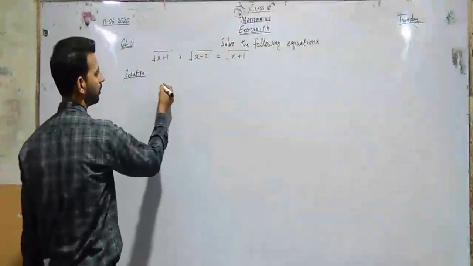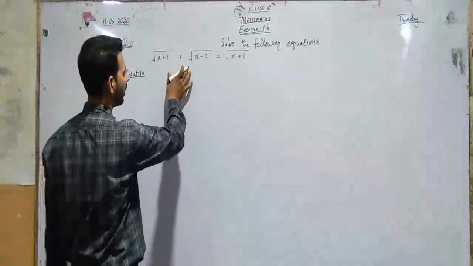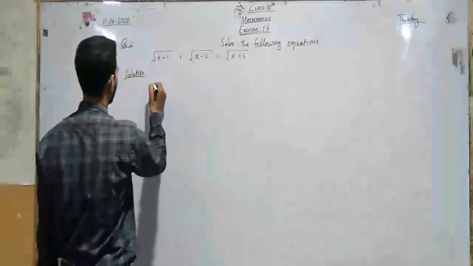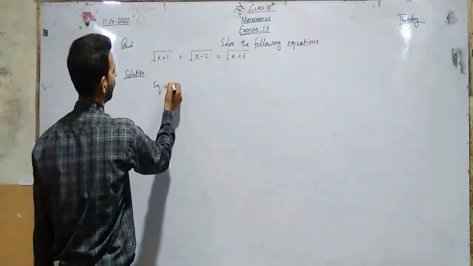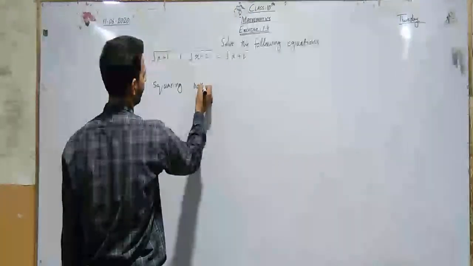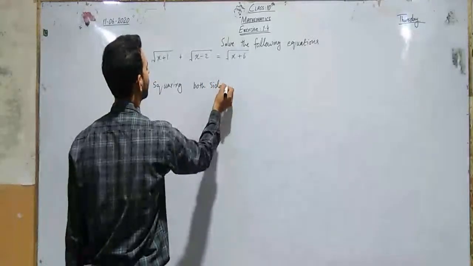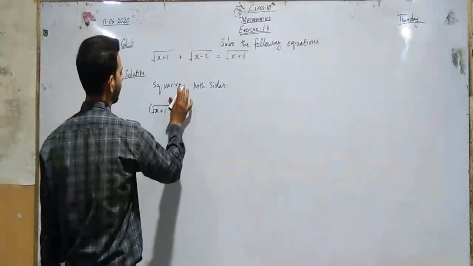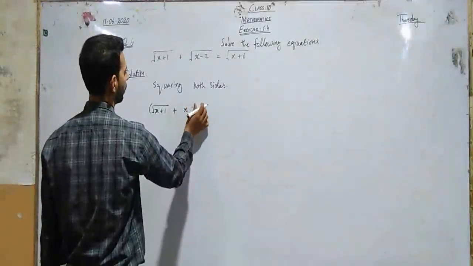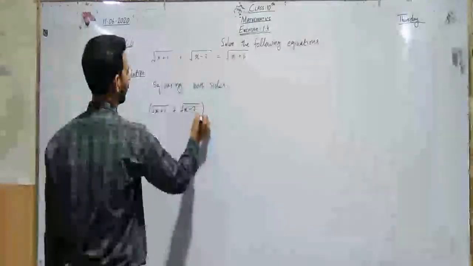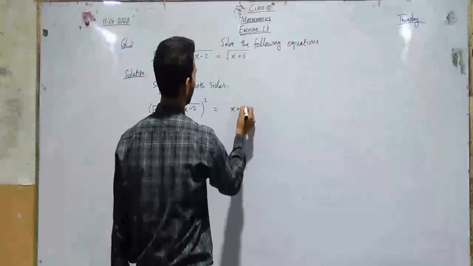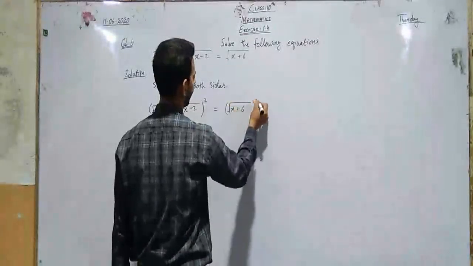Here we will do the same, squaring both sides, so we can cancel these square root signs. Square, sorry, the whole of square root of x plus 1 plus square root of x minus 2, whole square, equals square root of x plus 6, whole square.